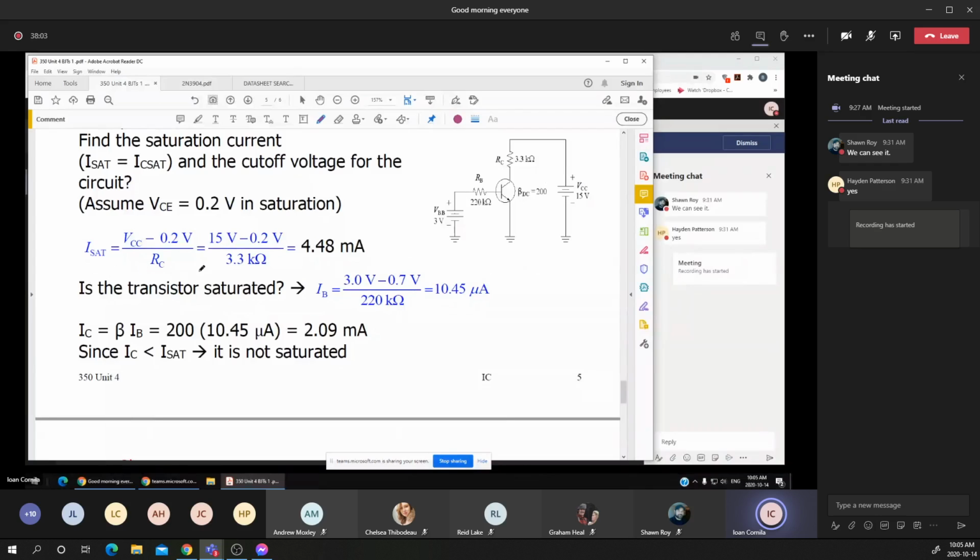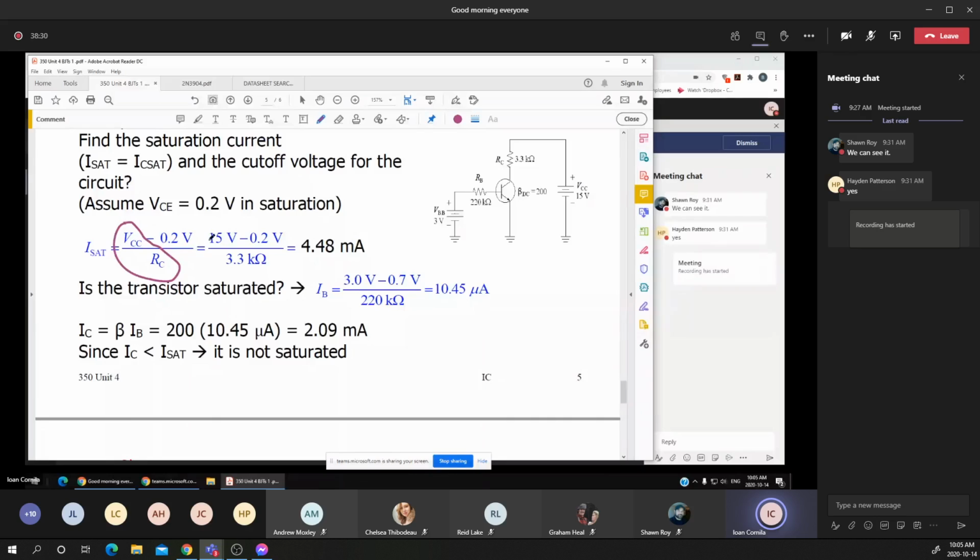Now, to calculate the saturation current in this circuit, and that's a practical example, I mentioned the 0.2 volts, but I'm just showing that it will not make a big difference in our calculations. This means that I can neglect that 0.2 volts and take just the VCC over the RC.